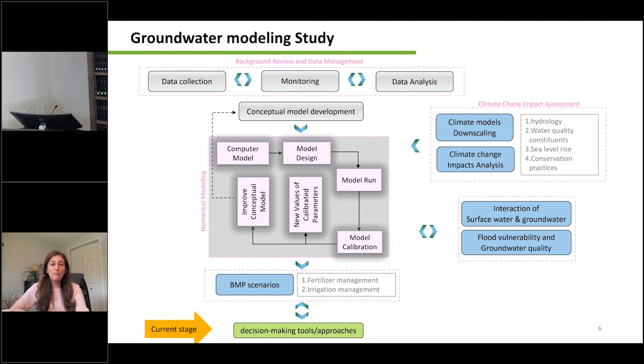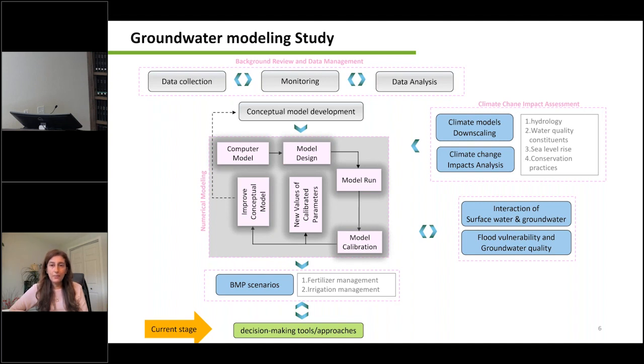And then using decision-making tools, which are advanced modeling techniques in management, we could develop a criteria or an approach to see which best management practices could help, which combination actually, not only which. So this is where we are in our program in terms of groundwater modeling study. We are working on prioritization of the practices.